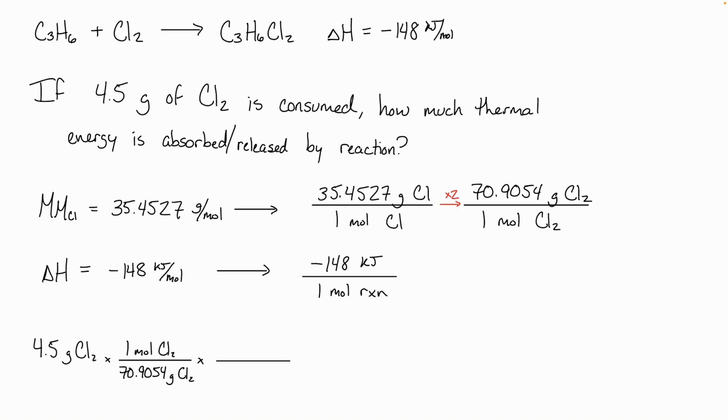And now from my balanced chemical equation, I'm going to use this stoichiometric ratio that tells me that 1 mole of chlorine is consumed per mole of my reaction. All right, and then my last step here would be to multiply by that enthalpy value.